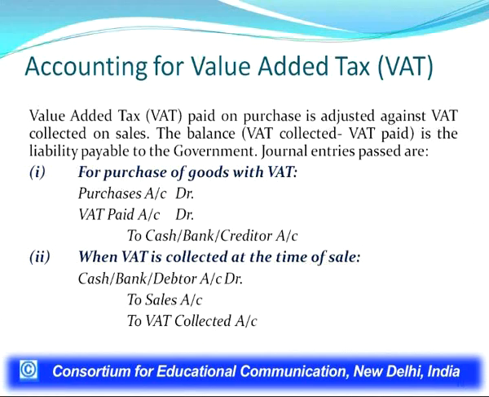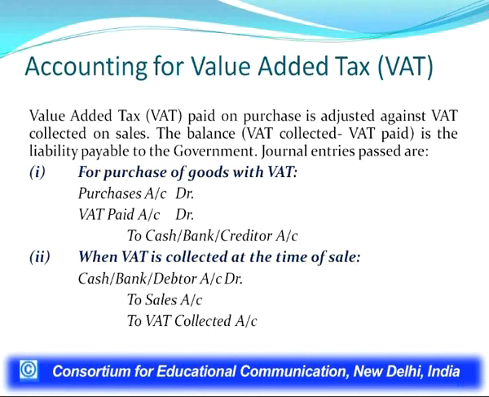So when the firm purchases goods which have a VAT, the entry will be purchases account debit, VAT account debit, to cash account or bank account, or if it has been purchased on credit basis, creditor's account.